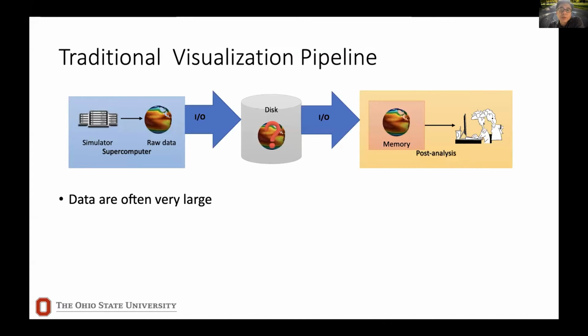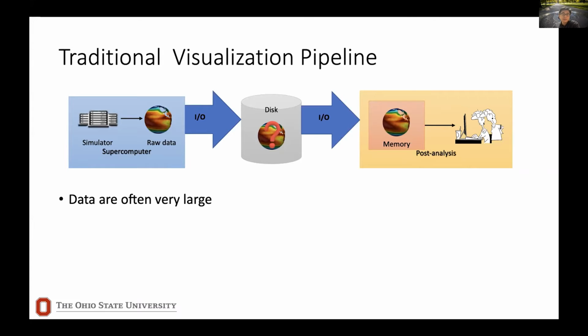Typically the simulation produces a lot of data and stores it on disk, and most of the time the data cannot be analyzed right away. This is why we need to rely on post-analysis: after the simulation is done, the scientists need to open the file, maybe using a front-end workstation, and start analyzing and identifying features.